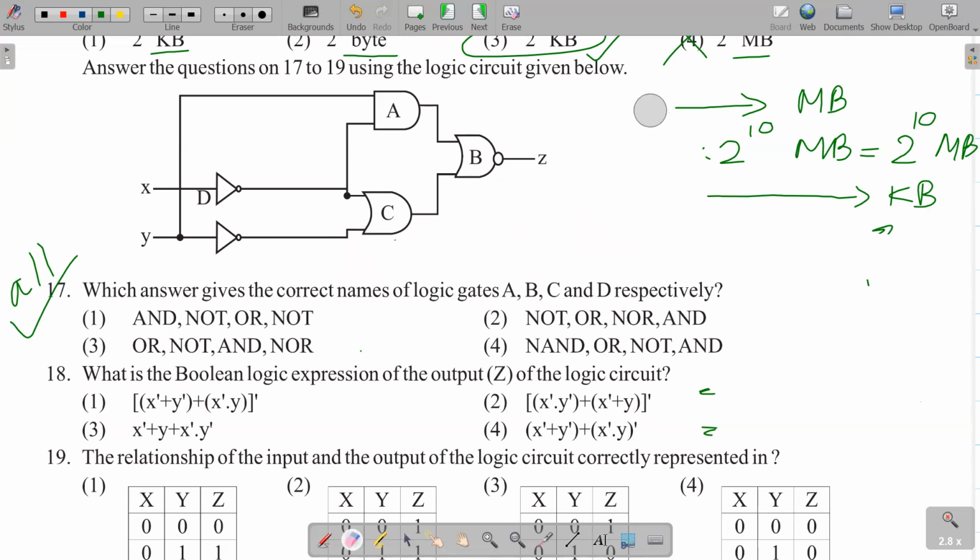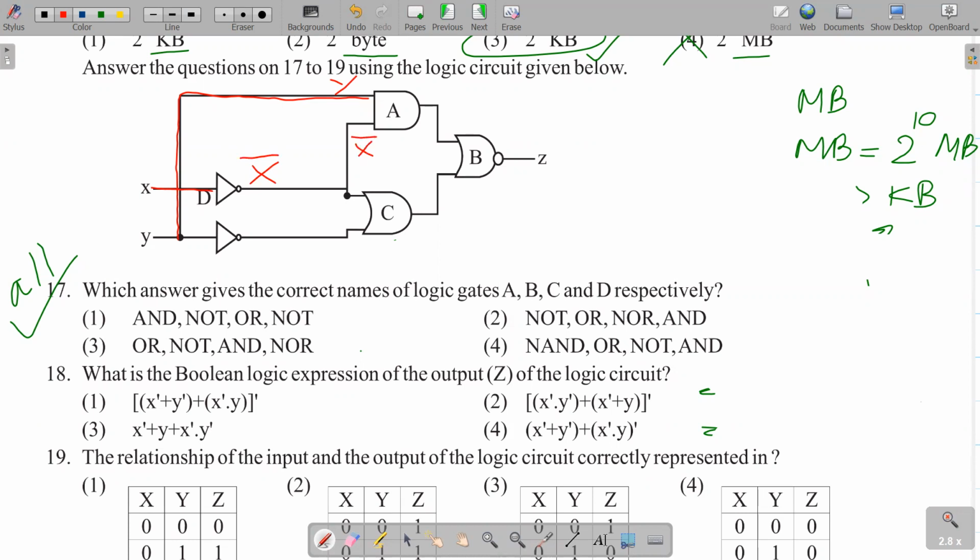This AND gate is receiving Y from here. Since the NOT gate, D, is receiving X, it is going to give X bar.